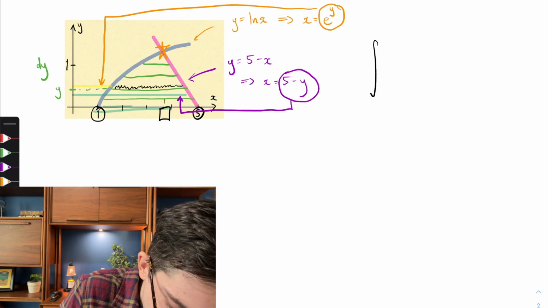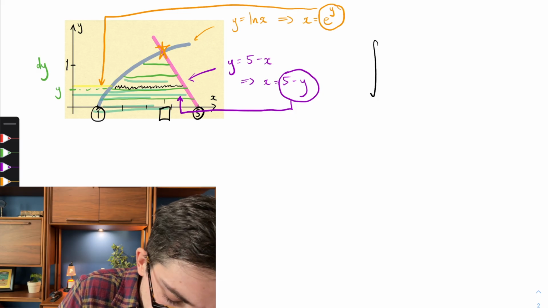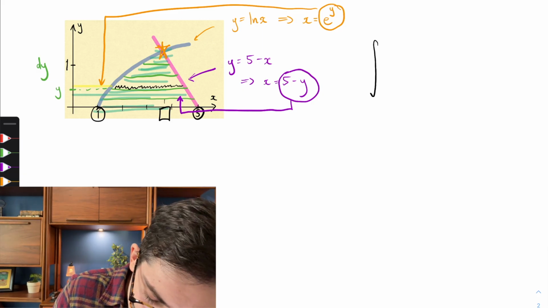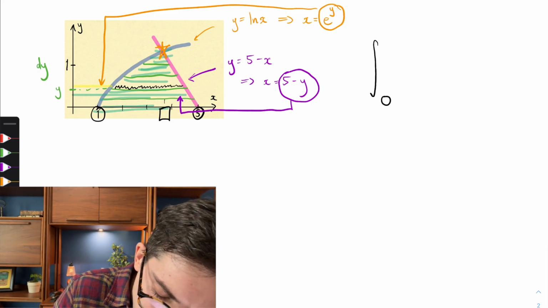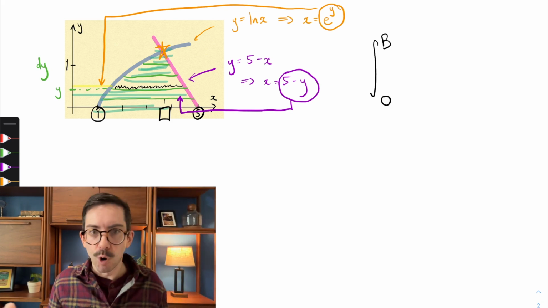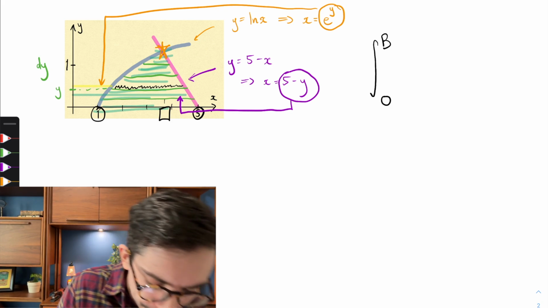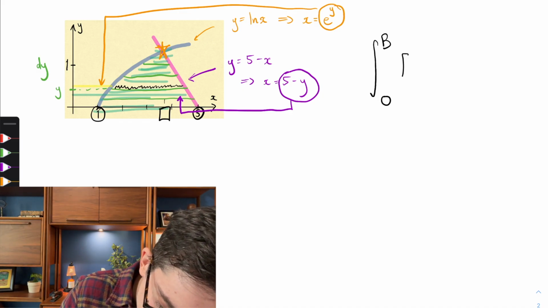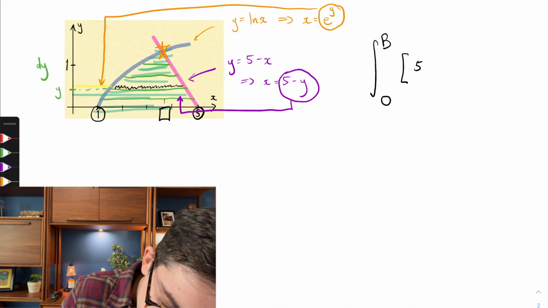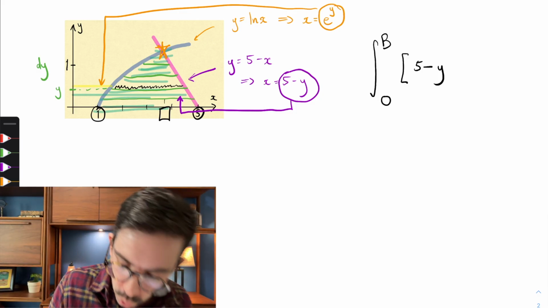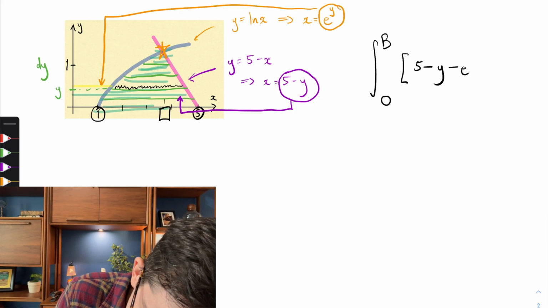They start at y equals 0, and they keep going up to my intersection point. So my integral will go from y equals 0 up to b, the y coordinate of that intersection point. And now I'm just going to do 5 minus y, the longer length, subtract the shorter length, which was e to the y.